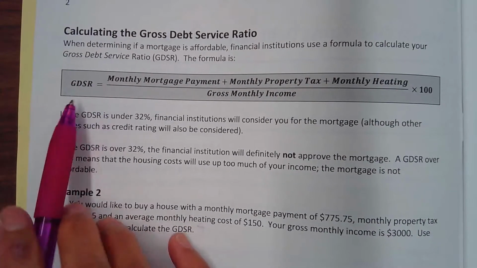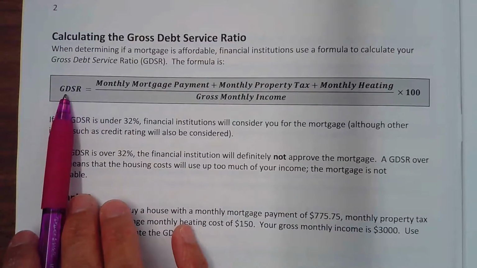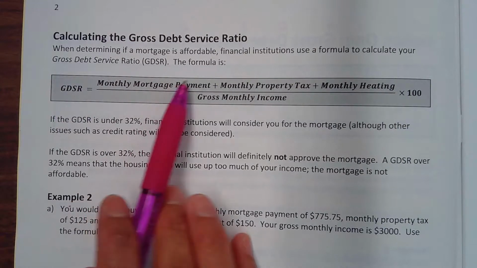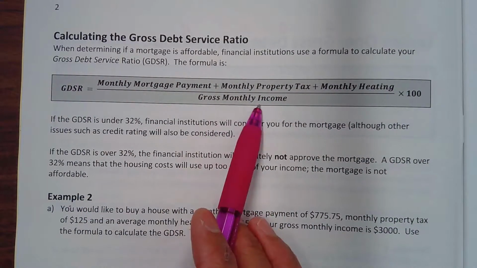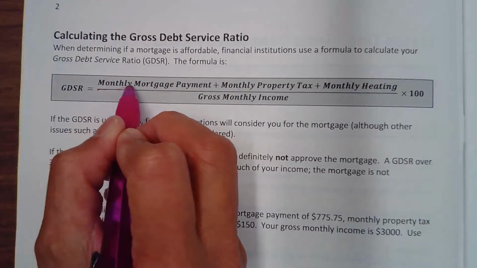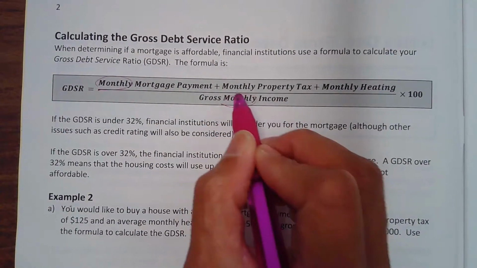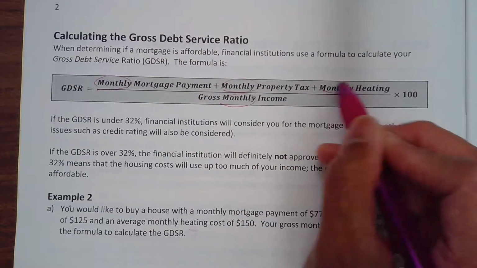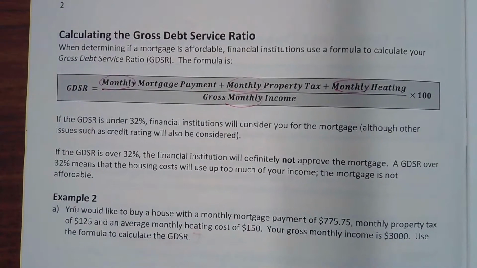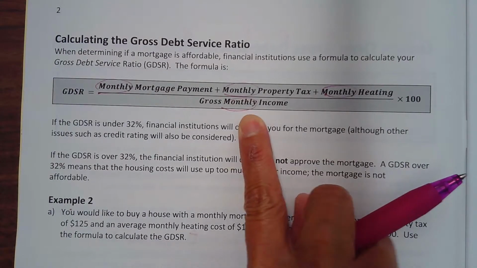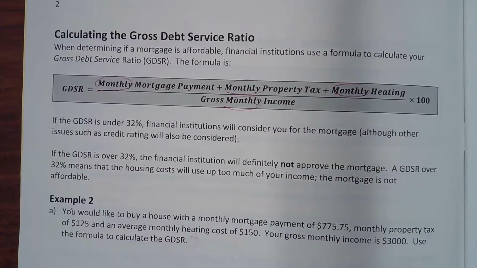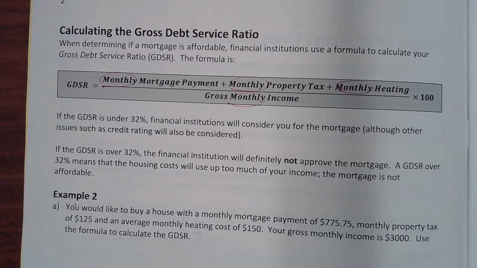So here's the formula. The GDSR is based on monthly mortgage payment, property tax, monthly heating, and monthly income. I want you to focus on the words here. Those are all monthly, right? Then divided by the gross monthly income, times 100 so that we have a percent in our answer.